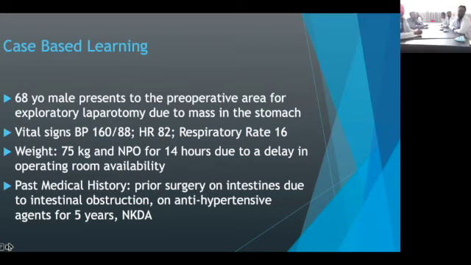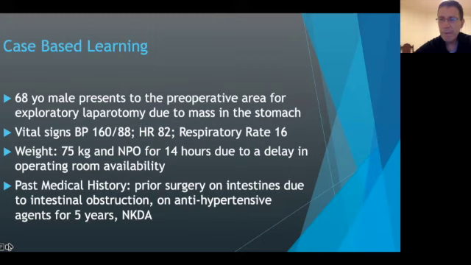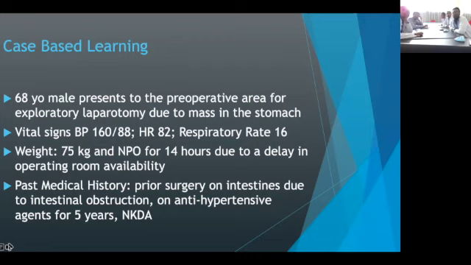So hypertension could result in encephalopathy, and it can result in renal injuries like CKD or AKI, and it can result in hypertensive heart disease or MI or arrhythmia, or it could result in a stroke.